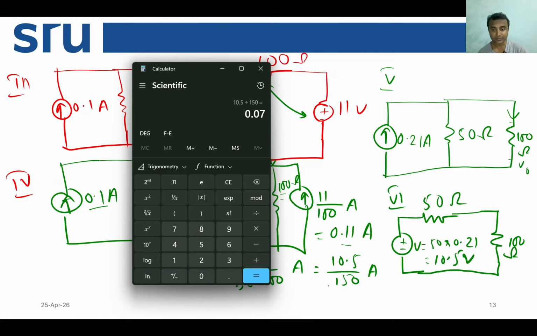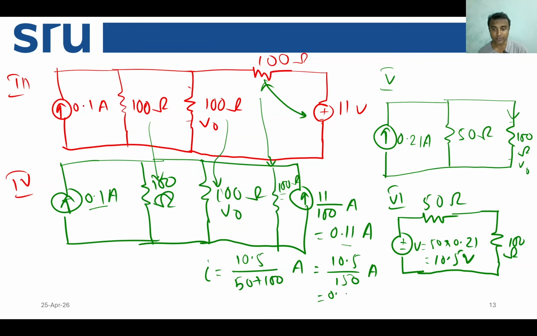The value is 0.07 ampere. Now if the current flowing through this 100 ohm resistance is 0.07 ampere, then V0 should be IR. So I is 0.07, which we have just calculated, times 100, in volts, which is 7.